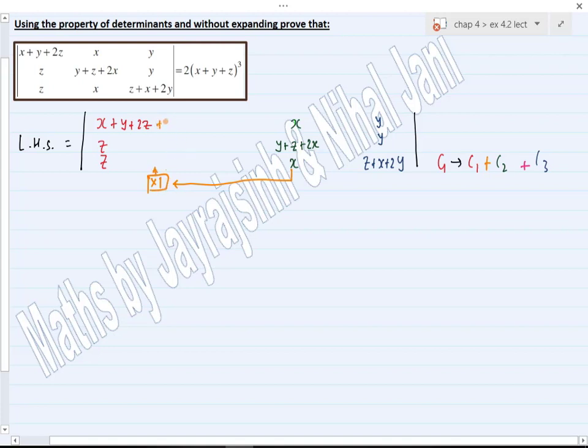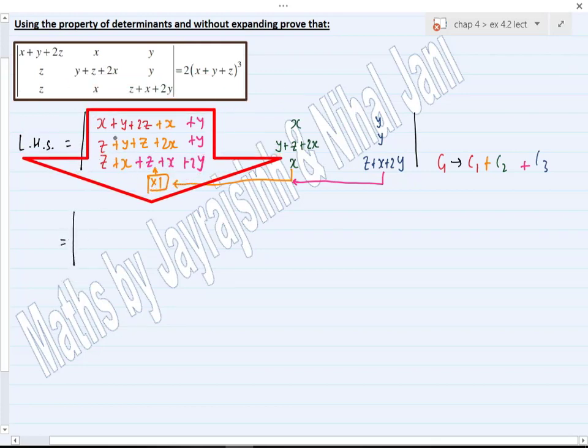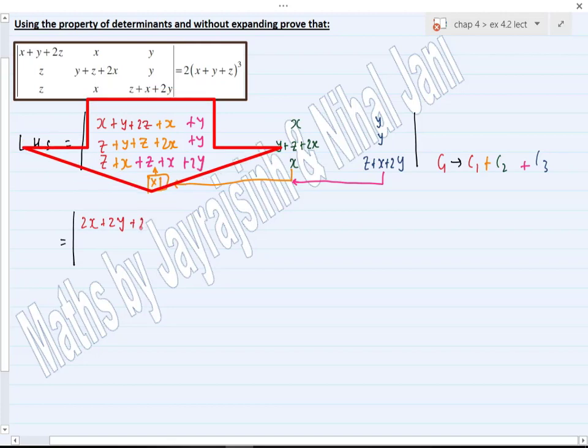So here we'll get x, 1, x, y plus z plus 2x, 1, y plus z plus 2x, x, 1, again x. Now the same thing we have to do with the third column. Y 1s are y, then plus y plus z plus x plus 2y. So our first column will be x plus x, y plus y, and 2z, or we can say 2x plus 2y plus 2z.